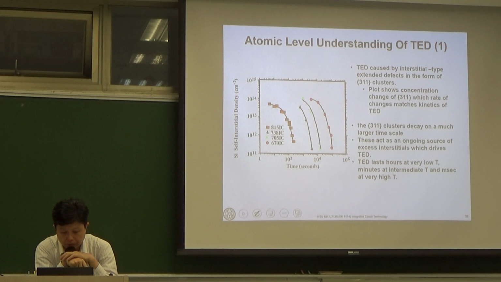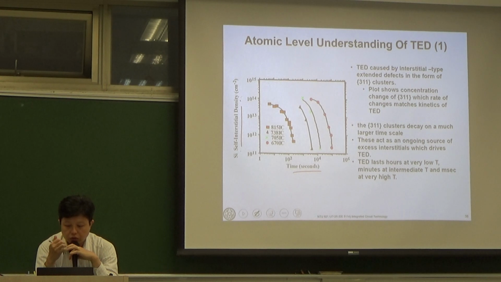Okay, and here are 4 lines with experimental data at different temperatures. On the y-axis is the interstitial defect density, and this is time in seconds. In the beginning we have this +1 defect that will form clusters at these 311 planes. Those clusters will begin to emit or inject interstitials.